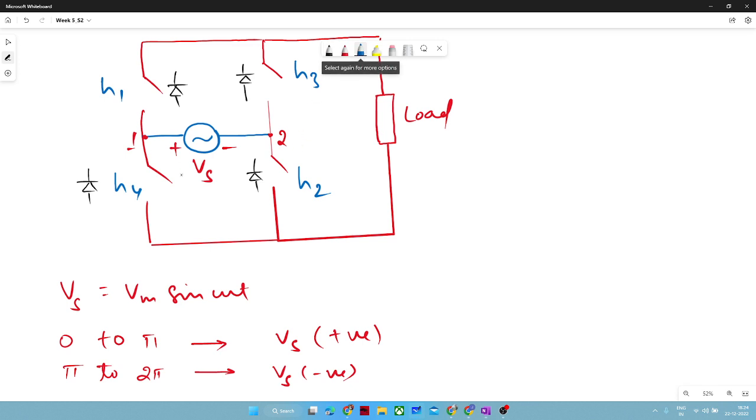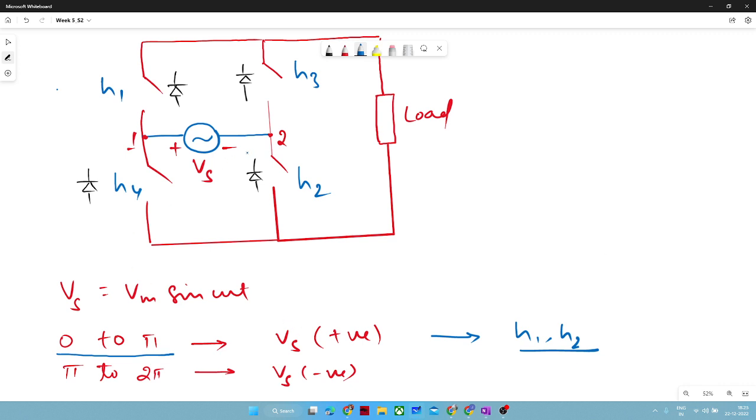Now for 0 to pi, the anode terminal of this diode is seeing the positive terminal, and it will be in forward conducting mode. And diode H2 is seeing the negative terminal at node 2, with its cathode connected to the negative terminal, so it will be forward biased. So for the 0 to pi duration, H1 and H2 will conduct.